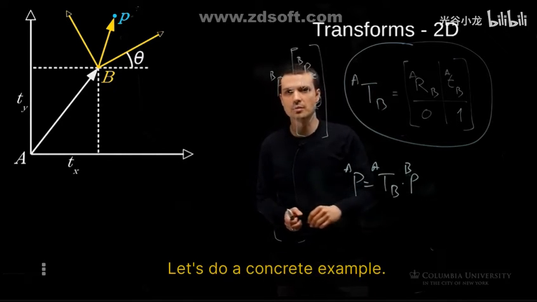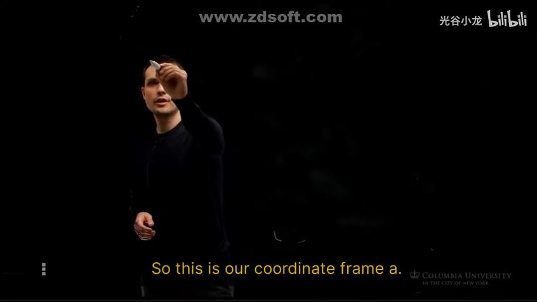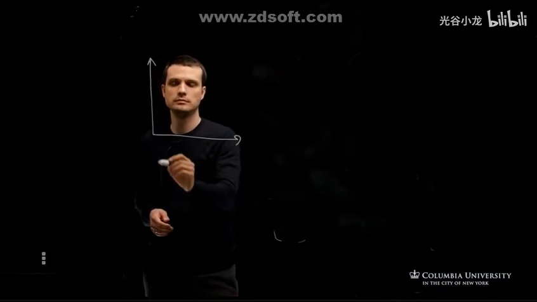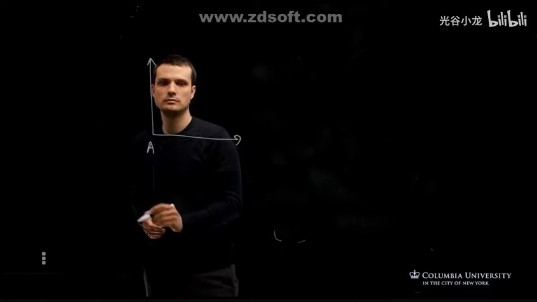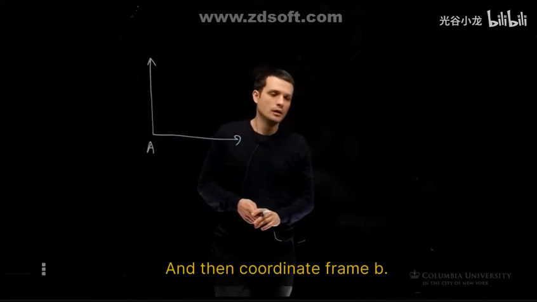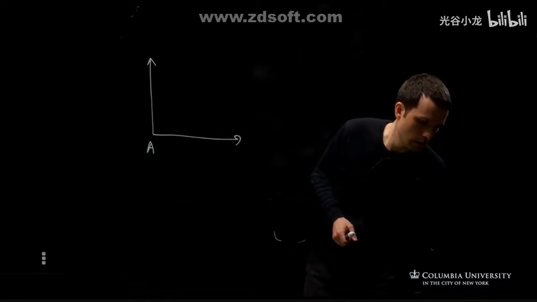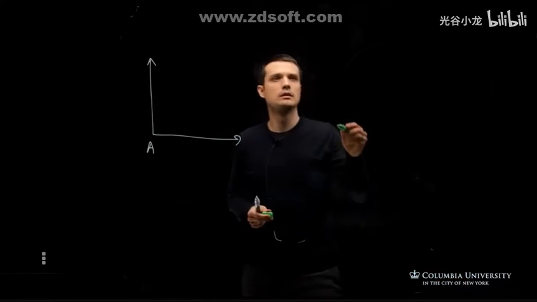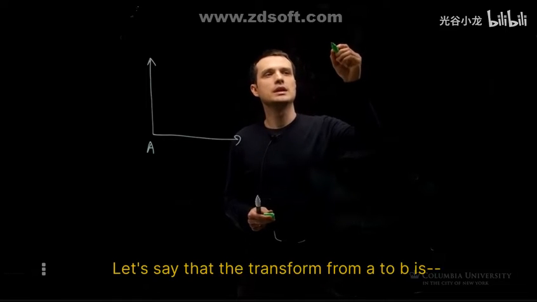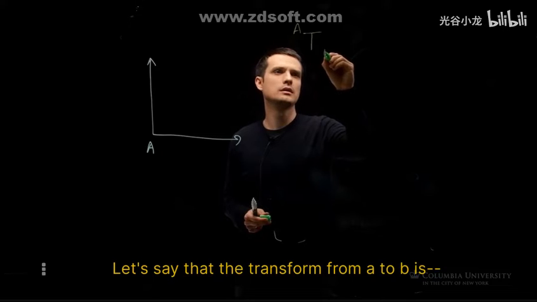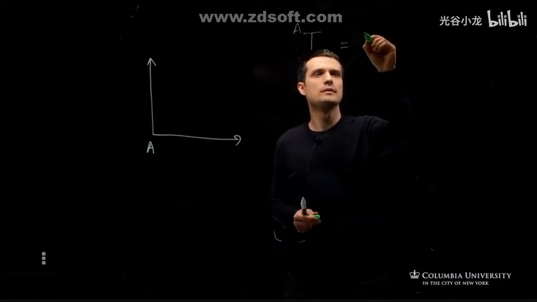Let's do a concrete example. So this is our coordinate frame A. And then coordinate frame B. Let's say that the transform from A to B is the following.